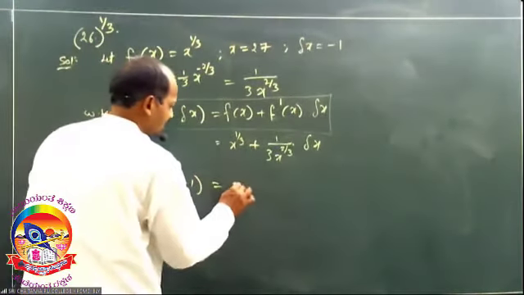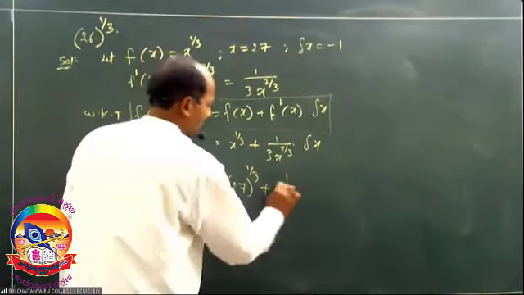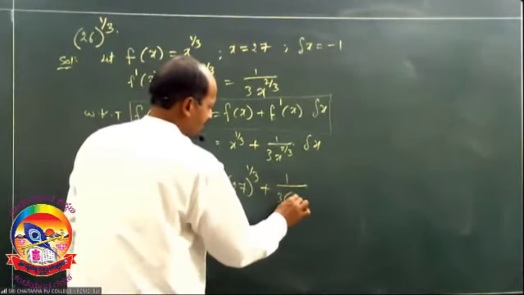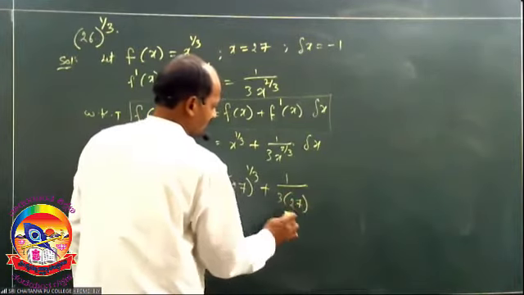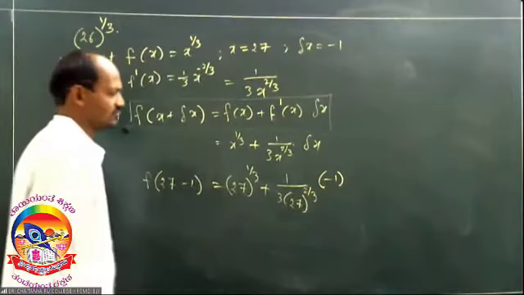X value is 27 and delta x value is minus 1. So 27 power 1 by 3 plus 1 divided by 3 into 27 whole power 2 by 3 into minus 1.